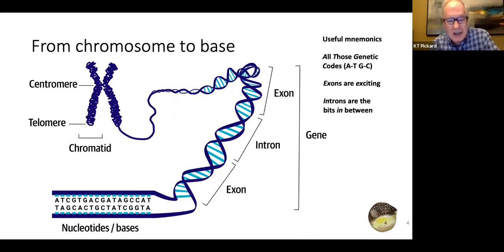Again, time doesn't really permit us to get into how all that happens, but again, a useful way to remember them. So exons are exciting, and introns are the bits in between, which might help remember the difference between the two. So now at the bottom are the nucleotides or bases that comprise DNA, deoxyribonucleic acid. It's been a while.